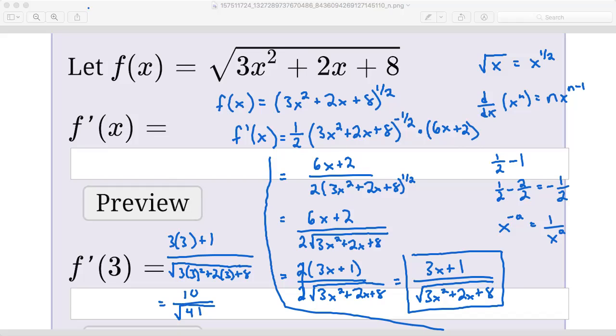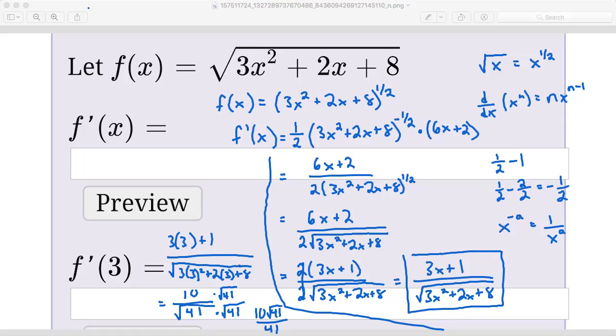But generally, you don't want to leave a square root in the denominator. So let's multiply top and bottom by the square root of 41. And that would leave us with 10 root 41 on top over square root of 41 times square root of 41, which would be square root of 41 squared, which the square root would cancel out with the square and just leave us with 41 on the bottom.